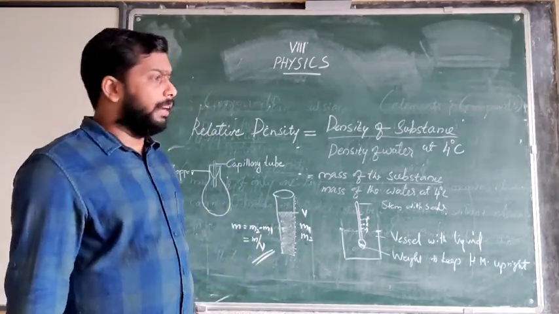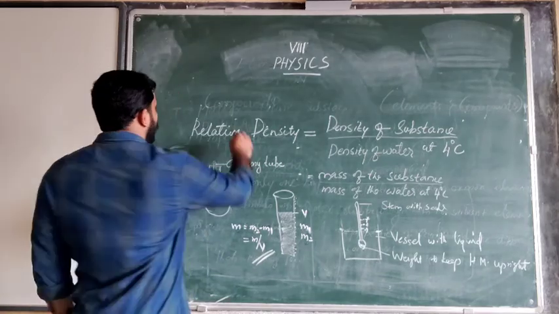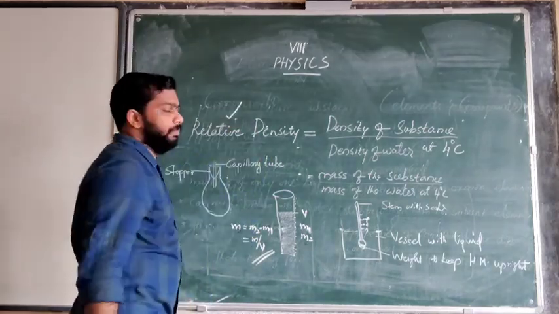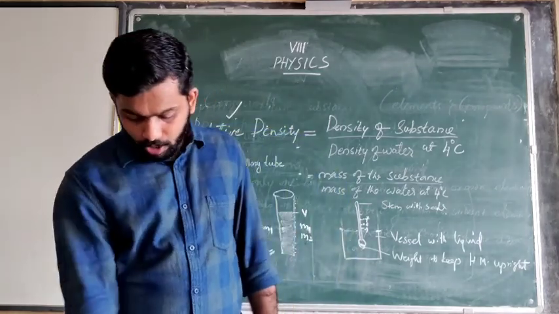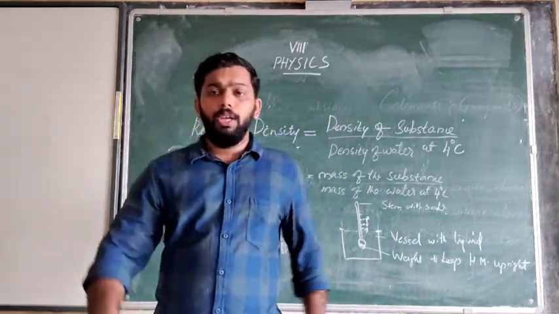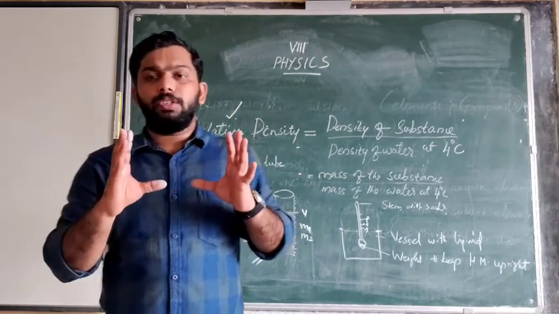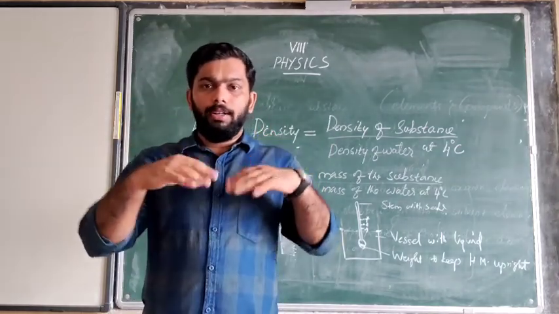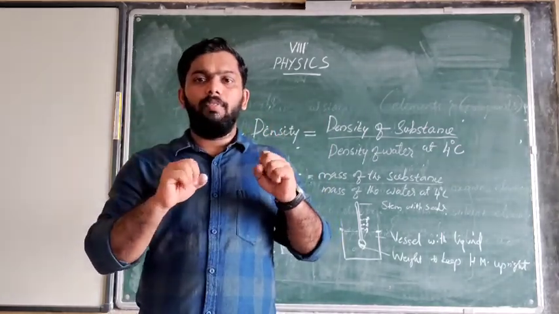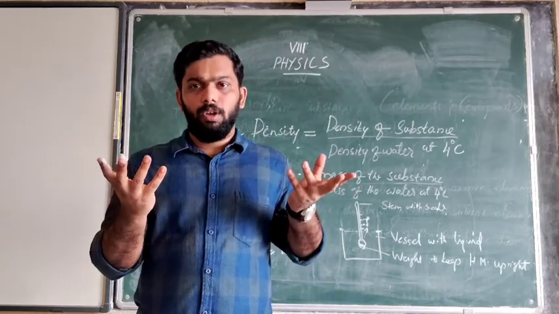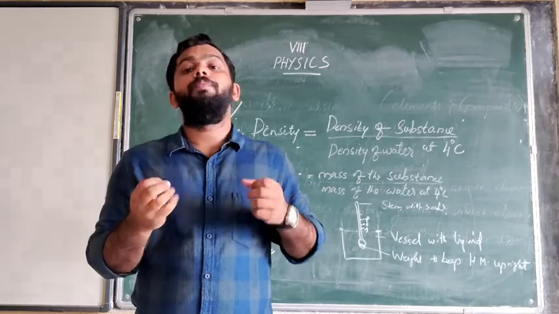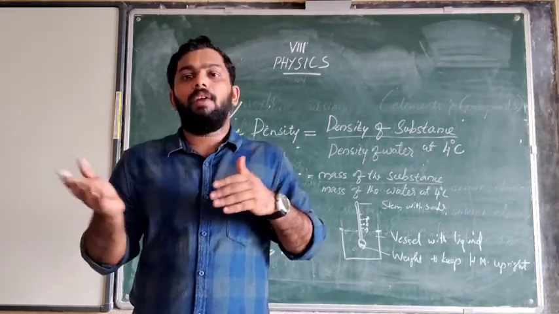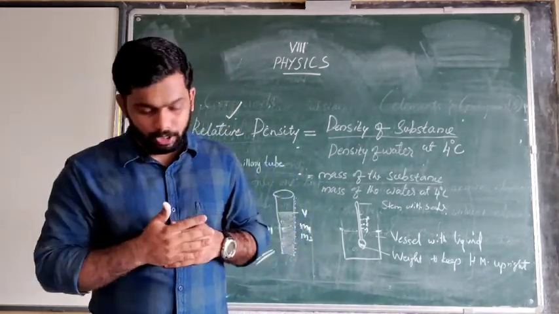Now, next we are going to discuss relative density. What is relative density? We know every substance in the world around us has a different density. One kind of material will have the same density, though other things have different densities.